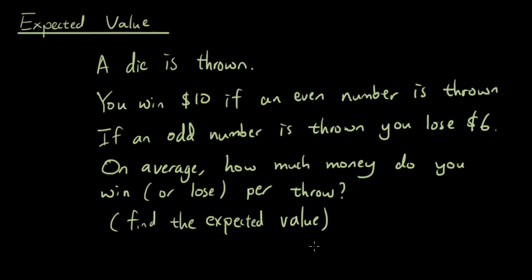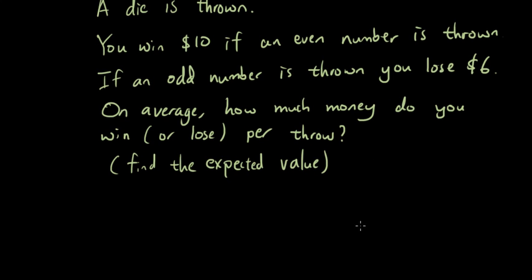If you keep throwing the die for a very long time and you keep winning $10 if an even number is thrown and losing $6 if an odd number is thrown, what is the average outcome of money won or lost? We call that the expected value.